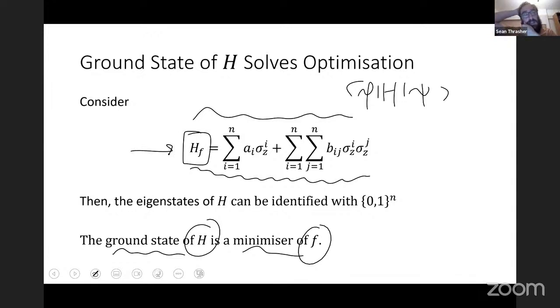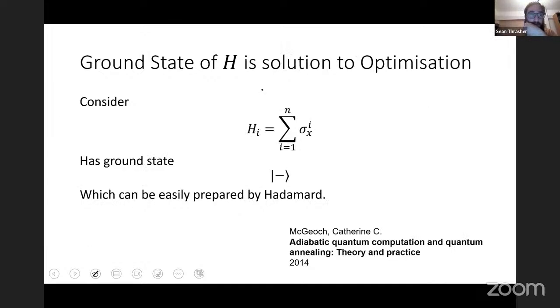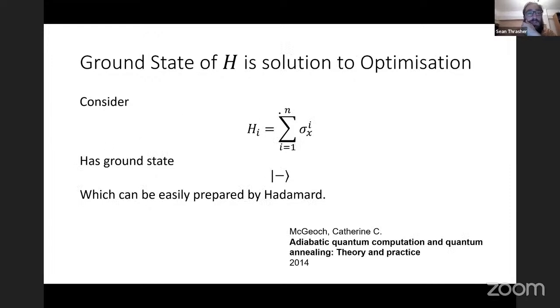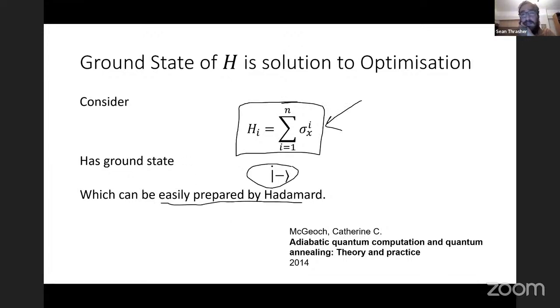Because if we can do that, and then we do a measurement at the end, then we can read off what the answer should be. And obviously it's difficult to know what the ground state of this should be, because if you did, you'd have solved the problem. So what we do is we imagine we start out with a Hamiltonian like this, and this has a ground state, which can be easily prepared by a Hadamard gate.